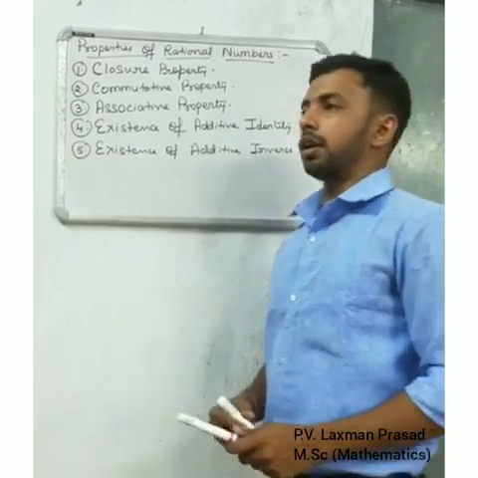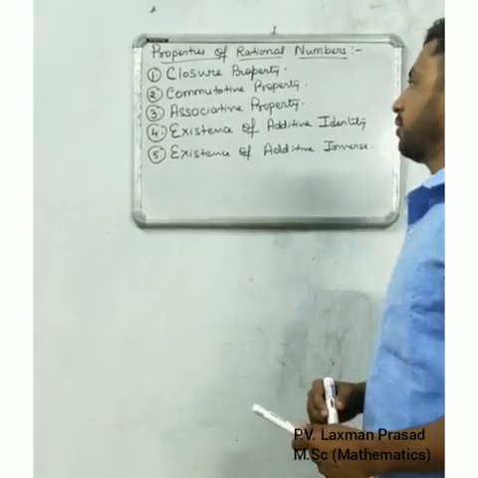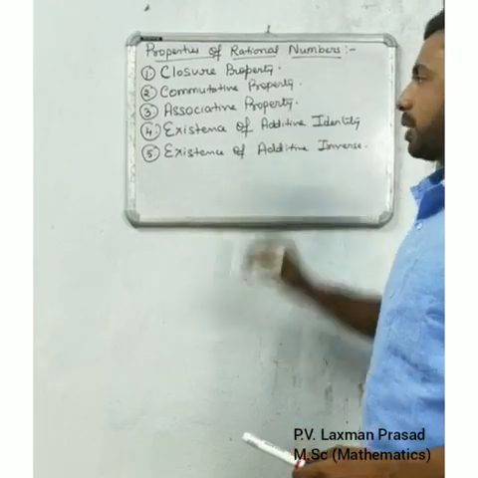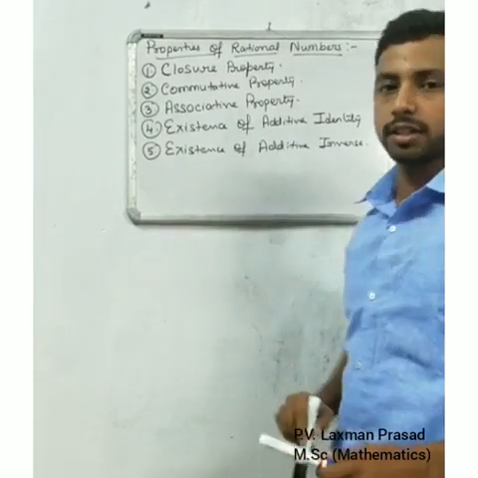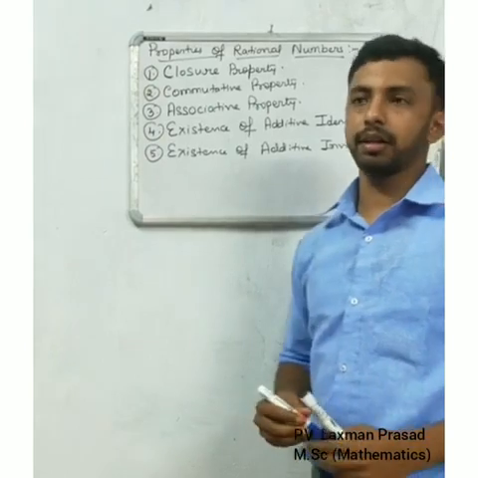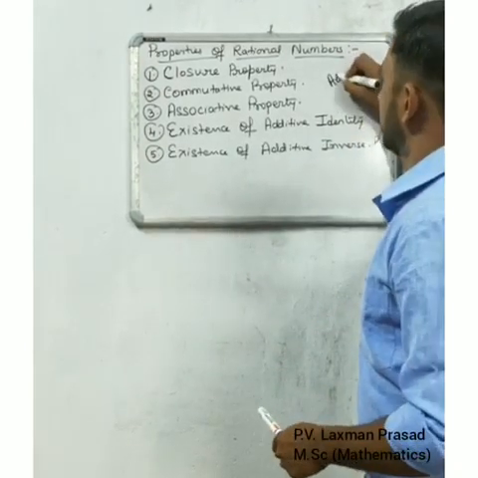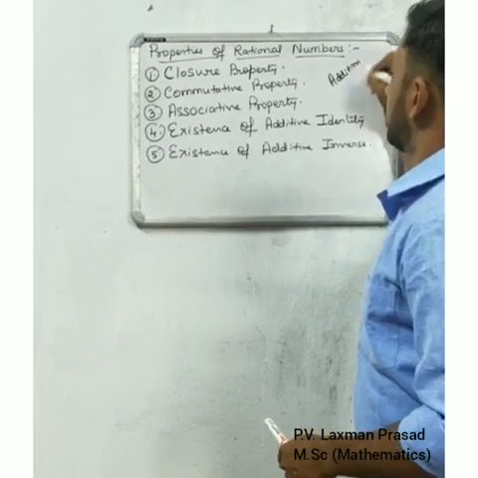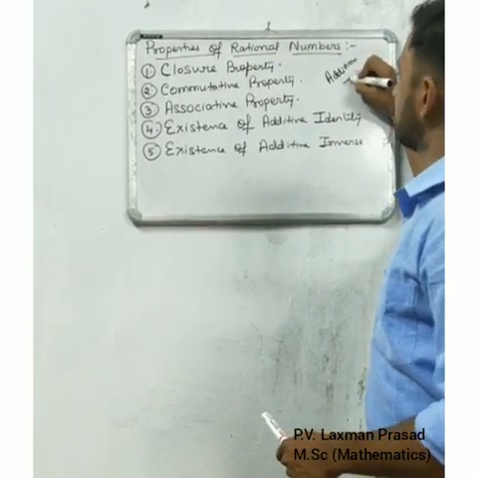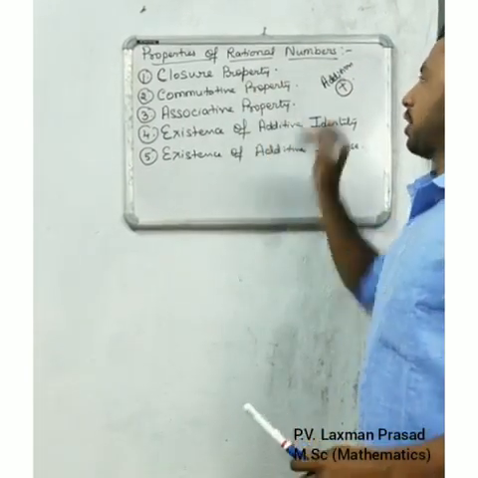Moving ahead, now we'll discuss the properties of rational numbers. When I say properties of rational numbers, I am basically referring to the additive property, that is, my operation here will be addition, plus.